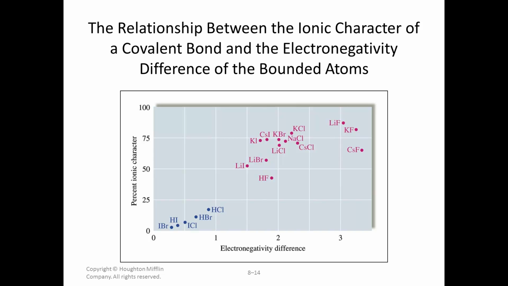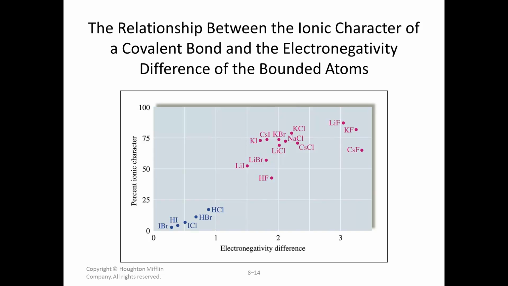If we look at percent ionic character versus electronegativity difference, we'll see that ionic character increases with electronegativity difference. There are no 100% ionic compounds. We consider anything greater than 50% to be an ionic solid.